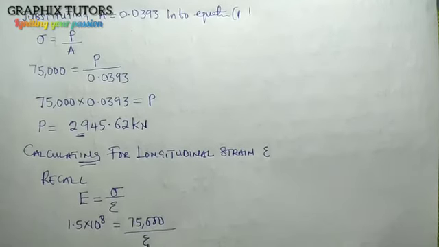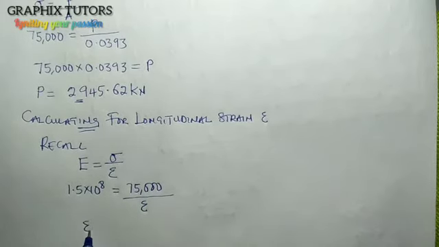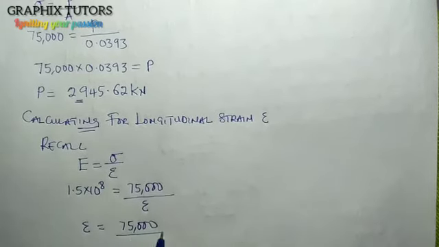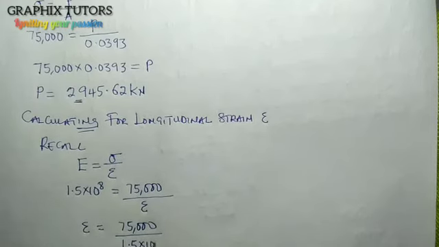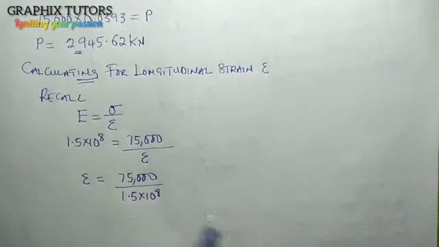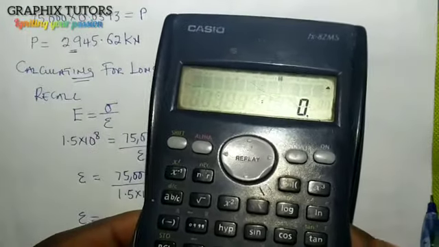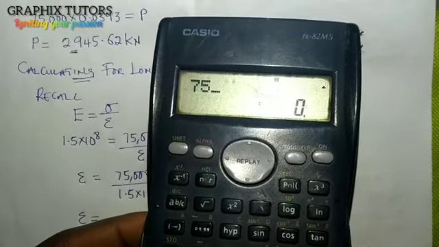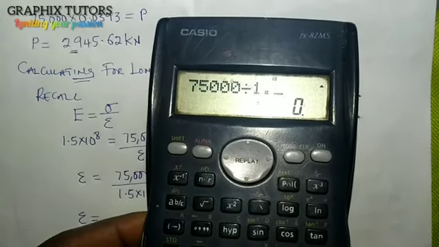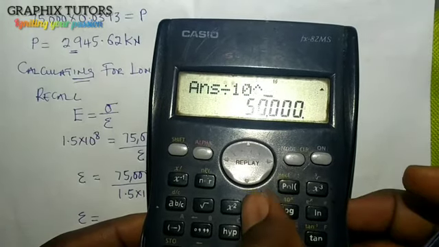If I make the strain the subject, my strain will be 75,000 all over 1.5 times 10 to the power 8. On my calculator, I press 75,000 divided by 1.5, equal sign, divided by 10 raised to the power of 8.